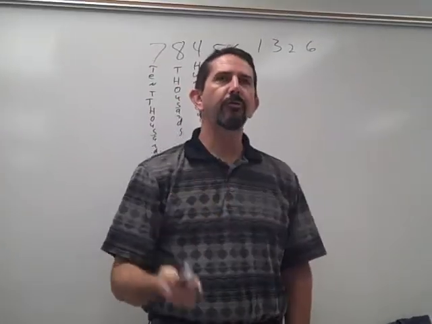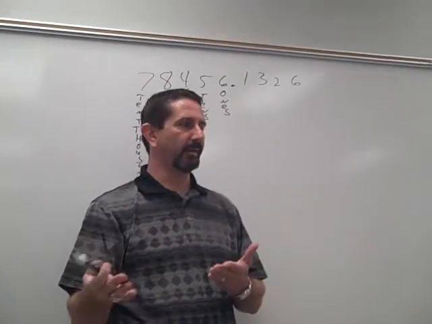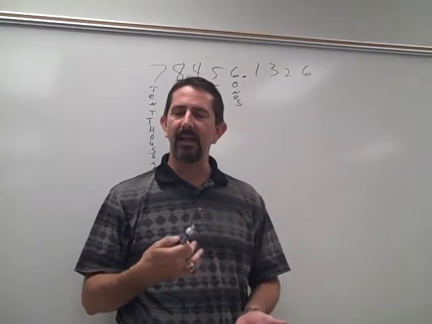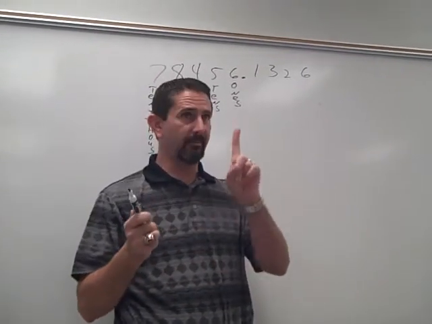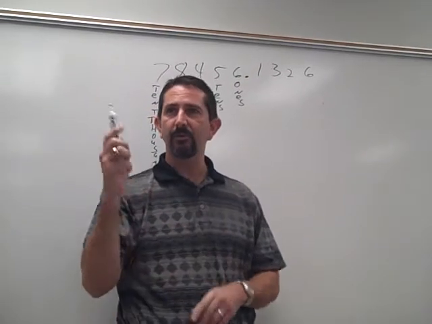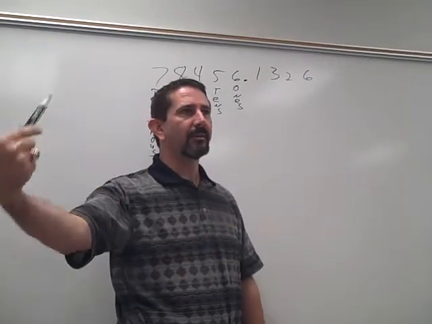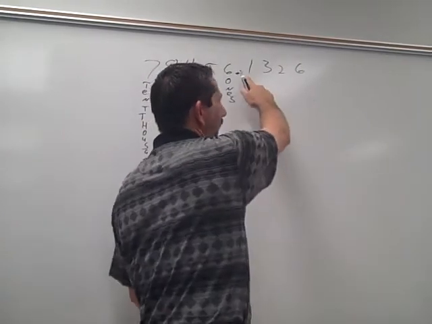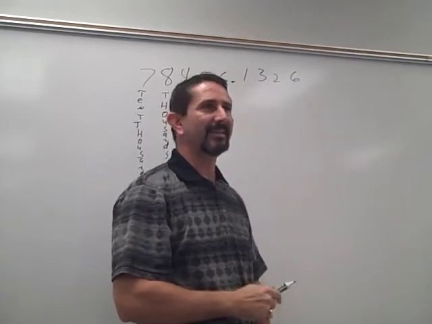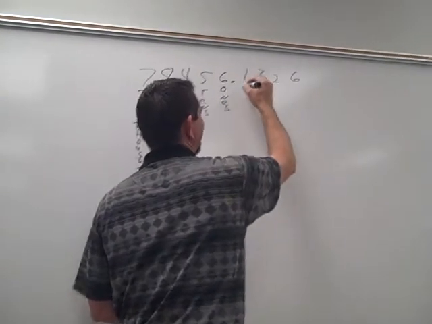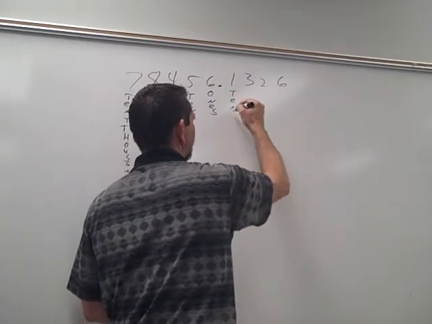Now, when we go to the right of the decimal point, which is what we're going to deal with in this class, we are less than 1. Everybody agree with that? Any decimal notation is less than 1. The first category where this 1 is at, tenths, with a TH.